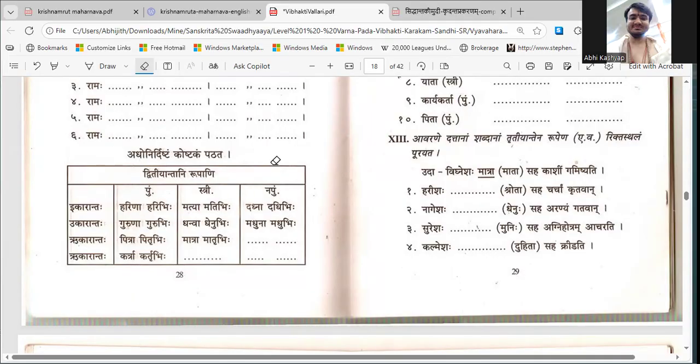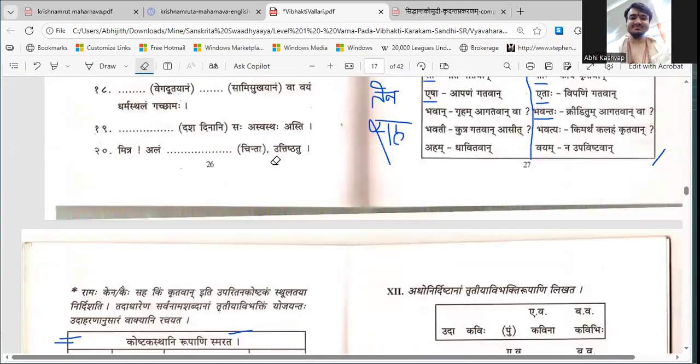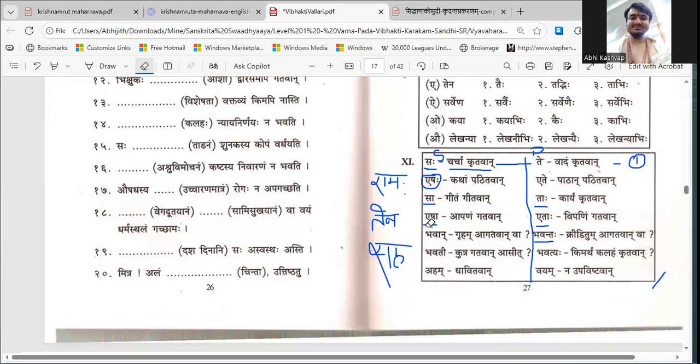And apart from this, the Sarvanama Padas that we did. We did Saha also, Sa also. We did Eshaha also, Esha also. Tat also we did, Etat also we did. Bhavan we did, Bhavati we did. Aham also, we did Tvam also. So these have to be written. This would be the ending assignment for Tritiya Vibhakti, and we will start with Chaturthi from tomorrow.